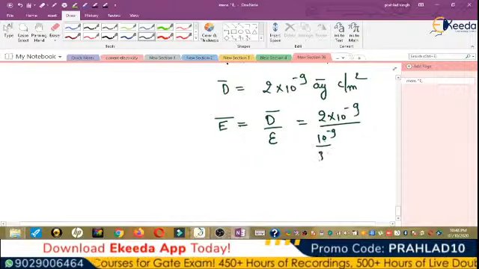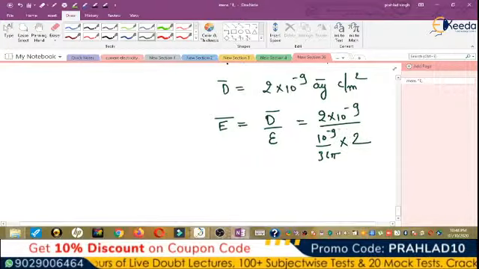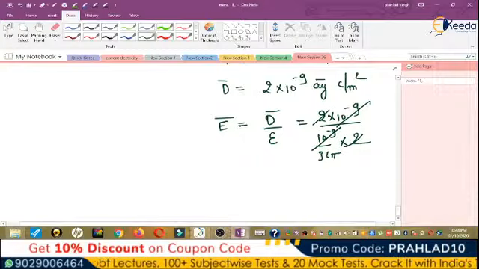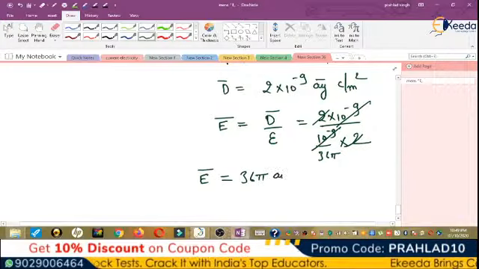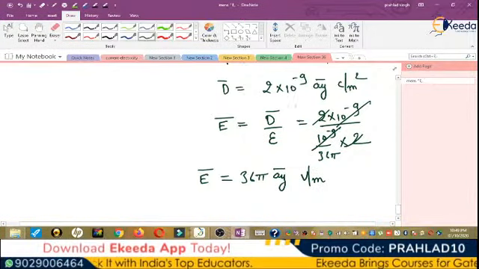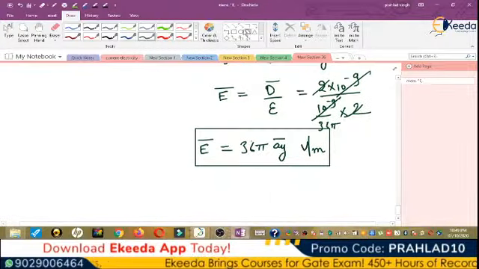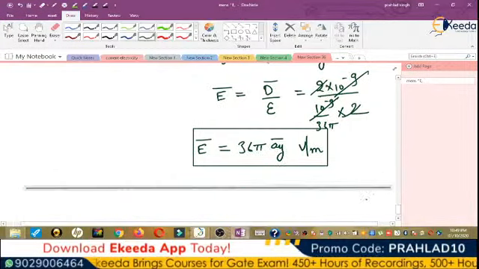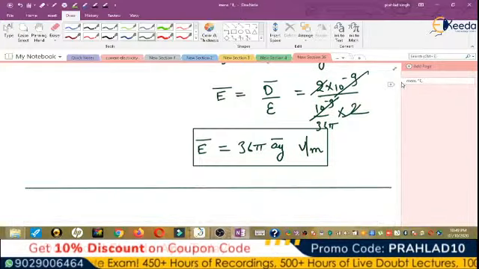Epsilon is 10 to the power minus 9 by 36 pi into epsilon r, and epsilon r is given, it is 2. So this will cancel, this will also cancel. So electric field answer is 36 pi ay volt per meter. Okay, so this is our answer.